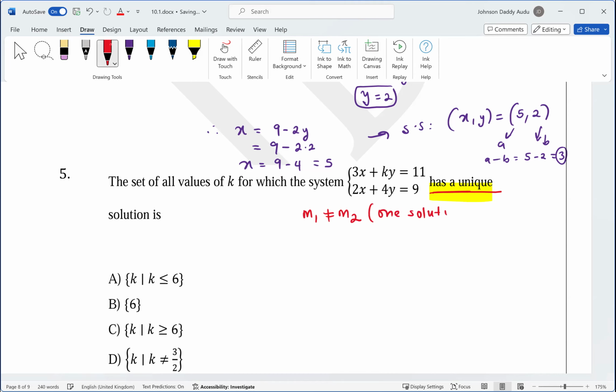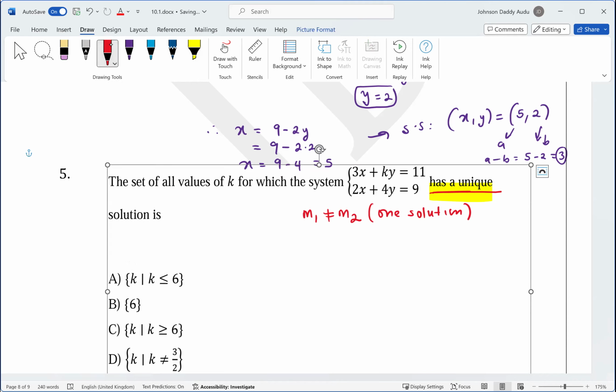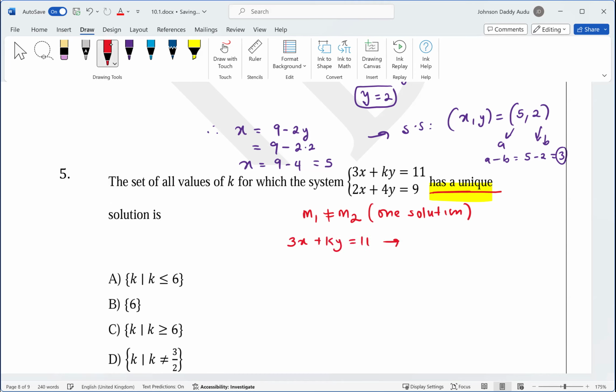Okay, so first of all, you need to find what is M1. What is M1 from this equation here? We have 3x plus ky equals 11. What does that mean? It means that ky is minus 3x plus 11.